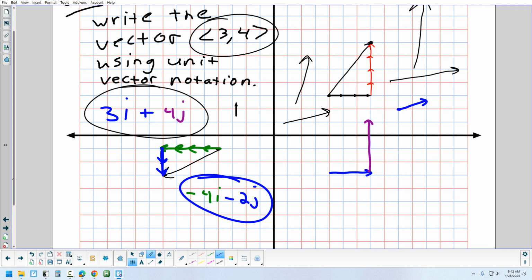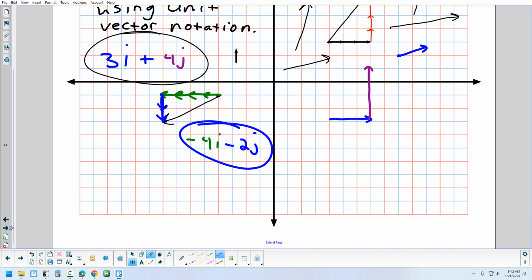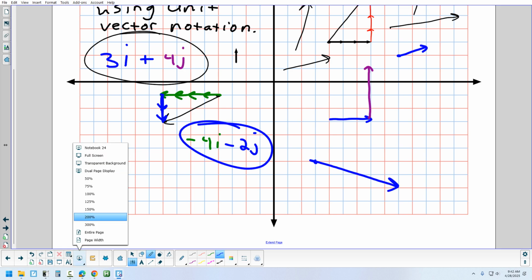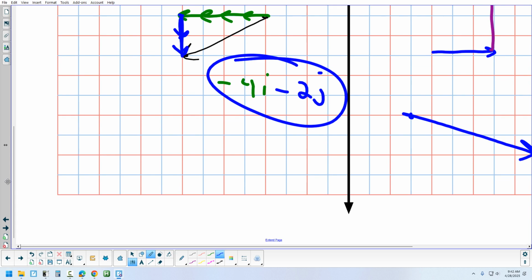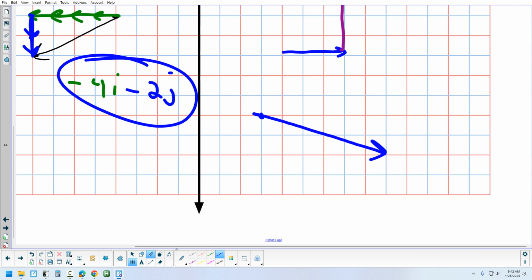Any questions on that? All right. So how about this vector? Let me zoom in so you can see it better. How would you write that vector using unit vector notation? Yep. 6i minus 2j.